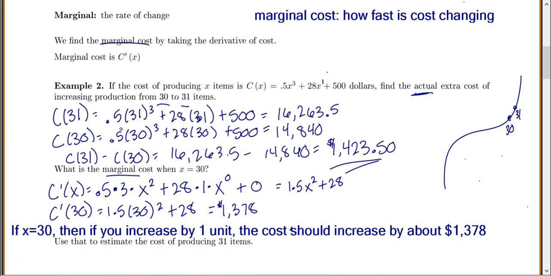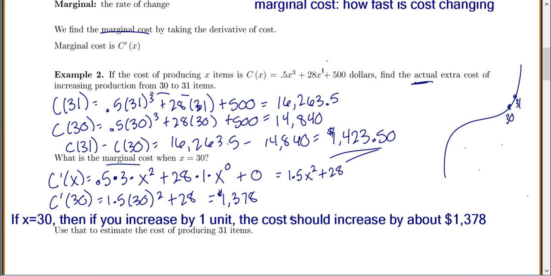Okay, so we found the difference in the actual cost. We found our marginal cost, which is saying, if x is 30, if you increase by 1 unit, your cost should increase by about 1,300. Let's then use that to estimate the cost of producing 31 items. So C of 30, which we found up above, is 14,840.